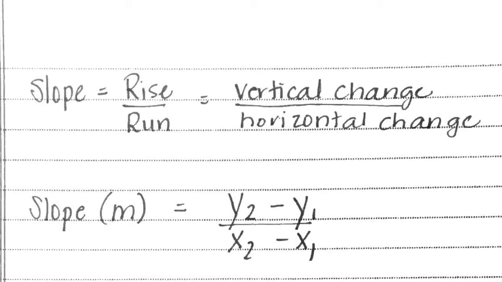All right, so let's take a look at what slope means. We already talked about rise, which is a vertical change, over run, which is a horizontal change. But now we're going to look at it using our points in terms of x and y. So remember I talked about slope always being lowercase m.